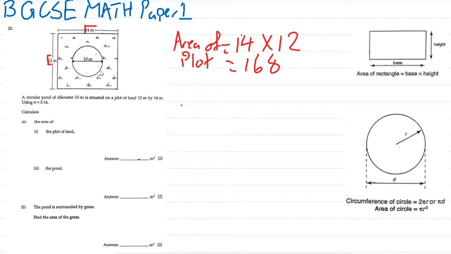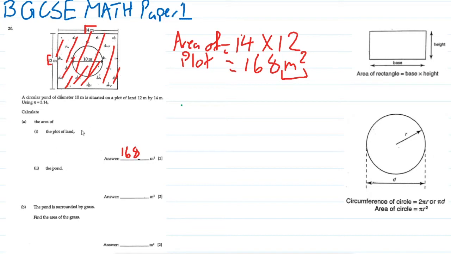So that's going to be the area of the plot of land. That area covers this entire plot of land, including the pond. So that's what that physically represents. So that's going to be 168. Oh, and don't forget, it's in meters squared. Remember, whenever you calculate an area, that quantity is always going to be squared.